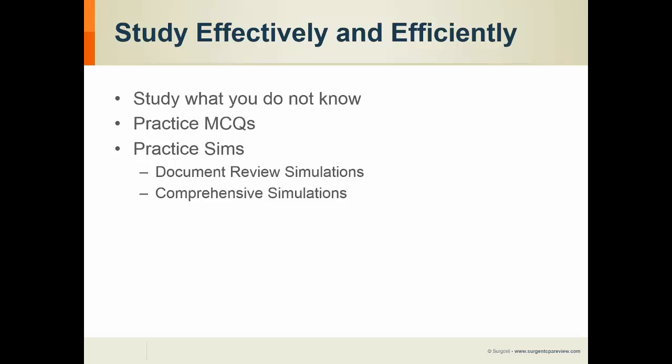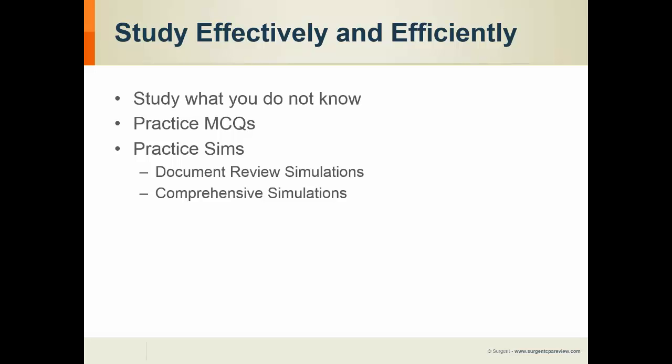The stuff in Chapter 1 usually is the easy stuff. The stuff in Chapter 20 is usually a lot harder than the stuff that was in Chapter 1. And probably the stuff that was in the first few chapters, you know anyway. So why waste time studying it? So what we designed with Surgent was this assessment where we figure out what you know and what you don't know.